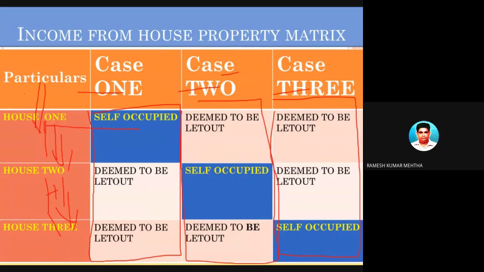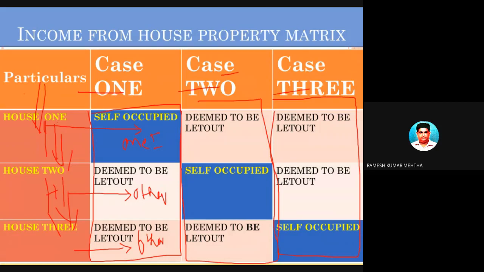Case 1 is house number 1 is self-occupied, and house number 2 and house number 3 are deemed to be let out. When one is self-occupied, the others are deemed to be let out. This is case number one.